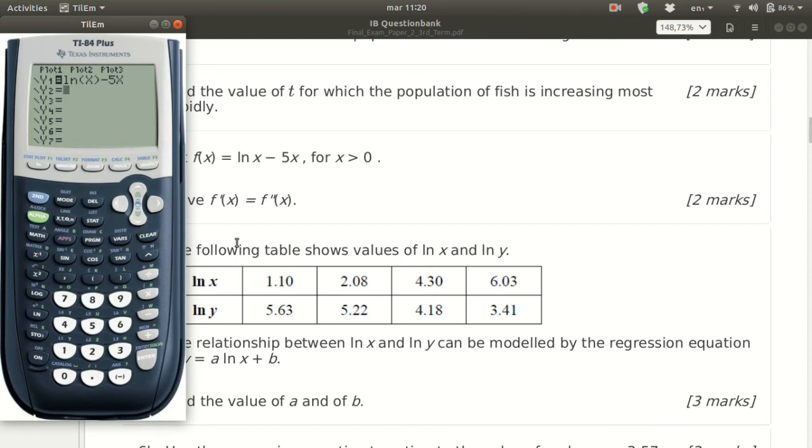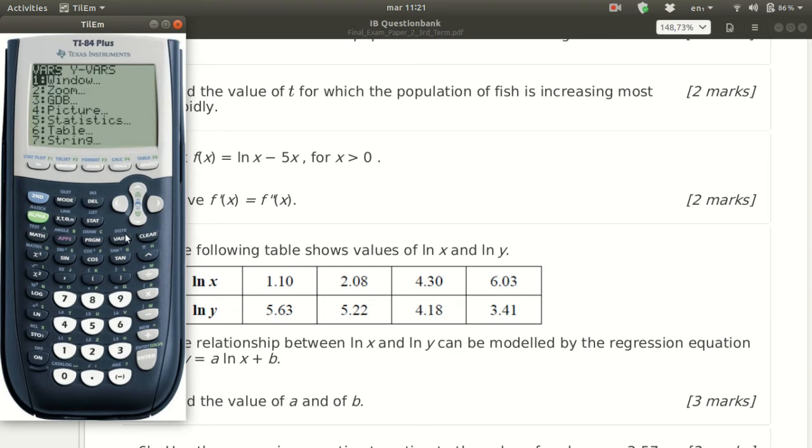Okay, so the derivative. So math, go down, derivative with respect to x. We're going to do vars, y vars, function y1 with respect to x. That's the first derivative. And then the second derivative is just the derivative of the derivative. So I'm going to, again, math, go down to derivative with respect to x.